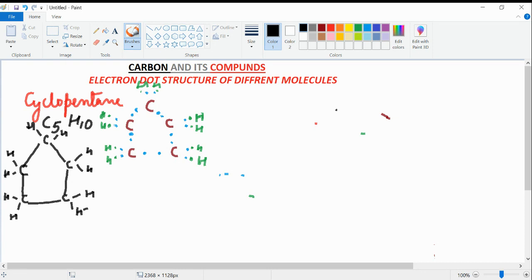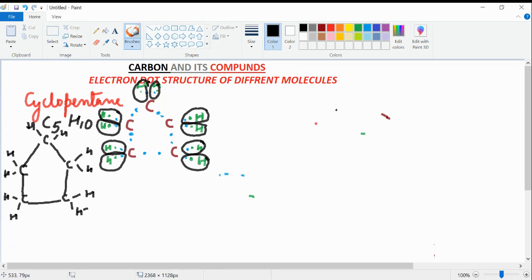And now this hydrogen has 2 electrons in its outermost shell. This is called covalent bonding. Covalent, when the sharing of electrons takes place between 2 atoms.